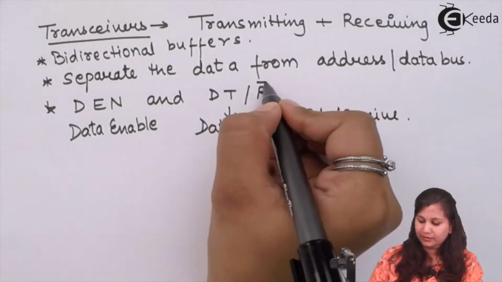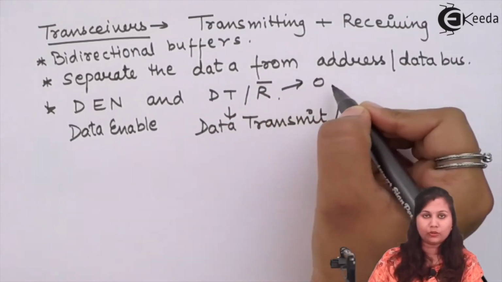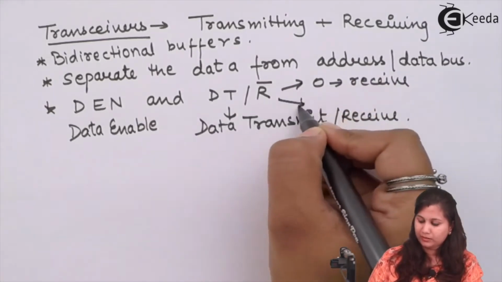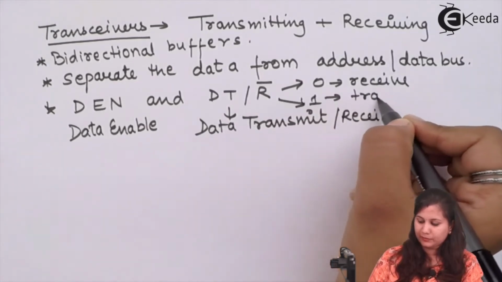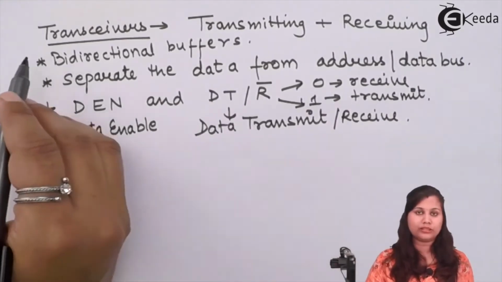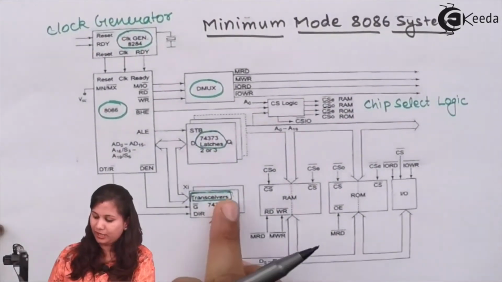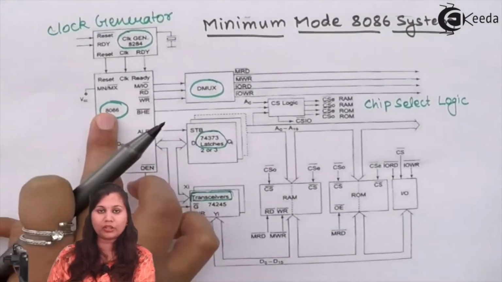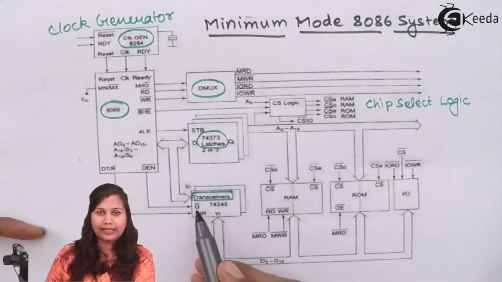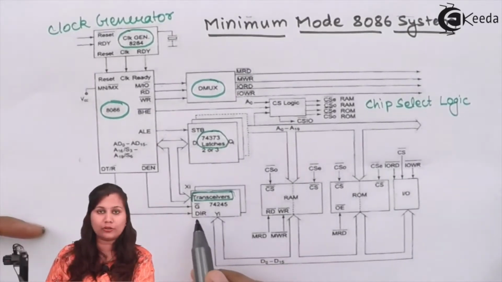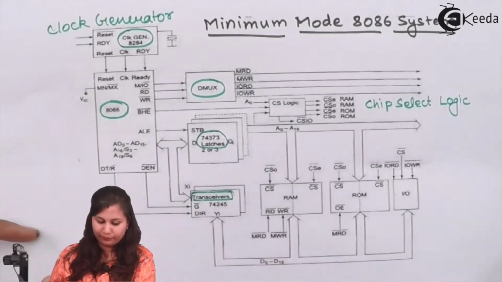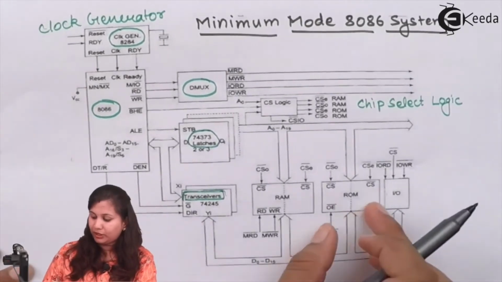So when this signal is low, 0, then data will be received, and if it is 1, then data is transmitted. So these two signals control the transceivers. You can see here that in the transceivers we have the two signals from the 8086 microprocessor which are connected to the enable line and also the direction control line of this transceiver 74245.